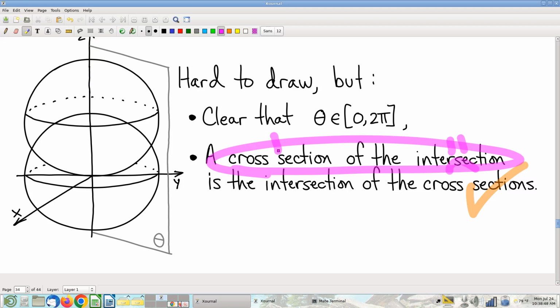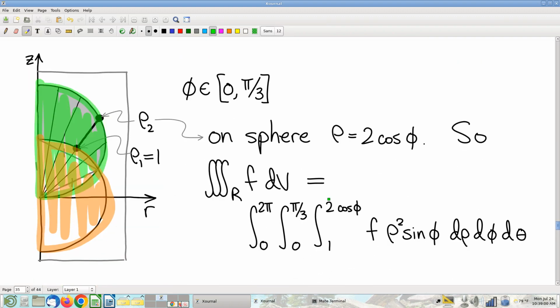But apparently, all I need to do is look at how you find the intersection of the individual cross sections, and that intersection is easy. What's in the green but not in the orange? It's this right here. Much easier to draw, right? Because the individual cross sections are easy.